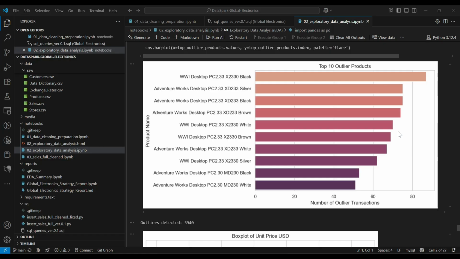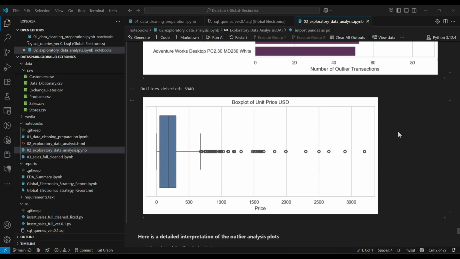Interpretation: these products consistently contribute to unusually high order values. Actionable insight: these are strategic products, ensure availability, high visibility, and robust marketing. Analyze customer profile for these orders to replicate success across similar market segments.